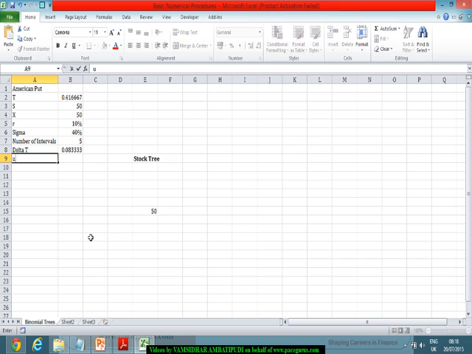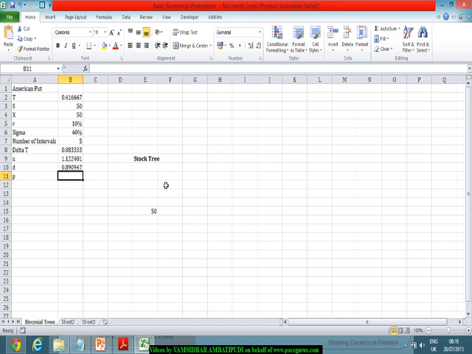The up factor, which comes out as e to the power of sigma square root of delta t. I get it something like this, and the down factor, d, I can take as 1 by u. So I get this as the down factor.